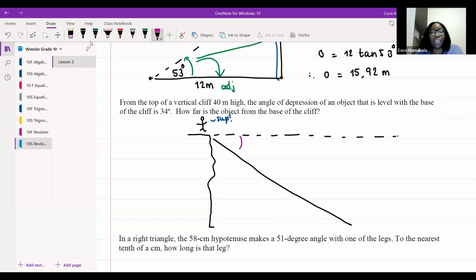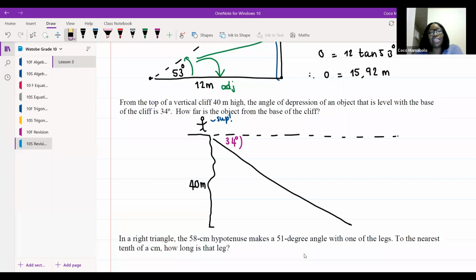Gift, you look so handsome. 34 degrees. Okay. We also know that our cliff is 40 meters tall. I know, he's right there on the edge of the cliff. We need to watch him.